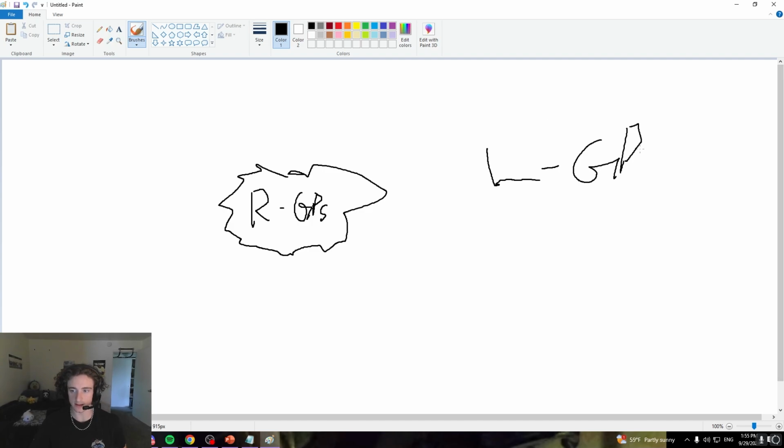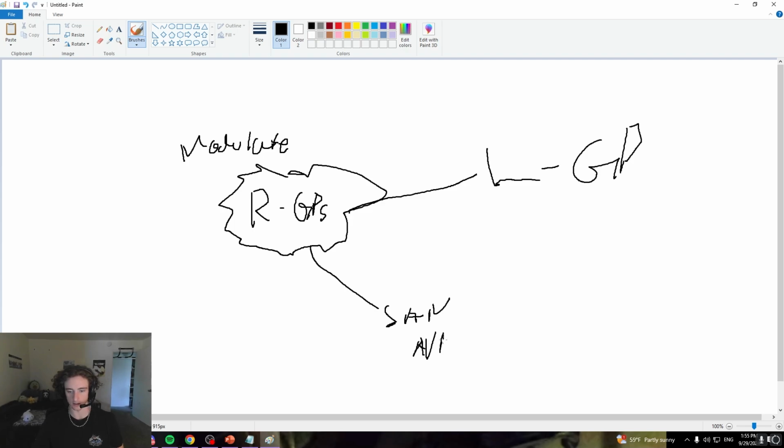The left GPs, the majority of them, are going to be in this area of the pulmonary veins, and they're going to be sending the signals here, and then things are getting modulated by these right GPs. The signals from the left GPs are going to be sent to the right GPs, and then the right ones are going to be modulating it, and then they are going to send them to the SA node and the AV node.